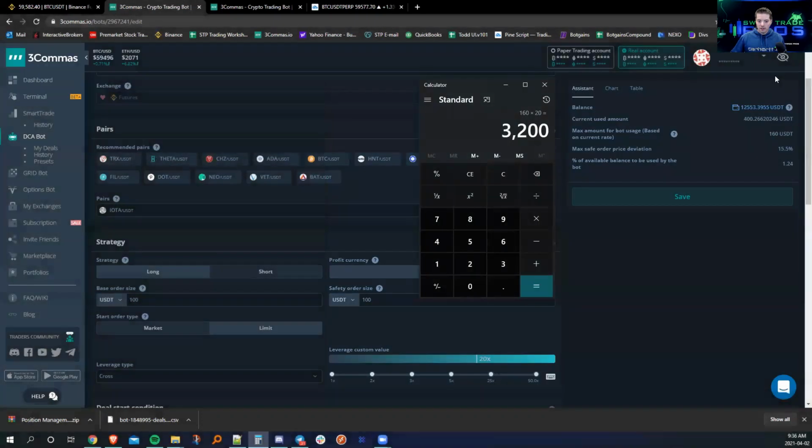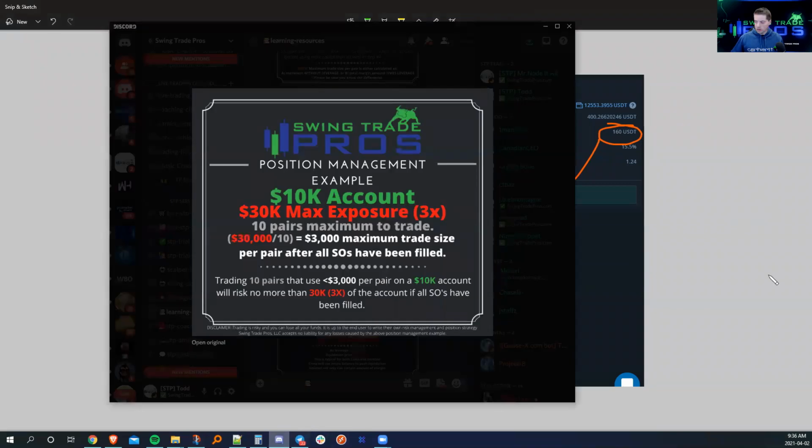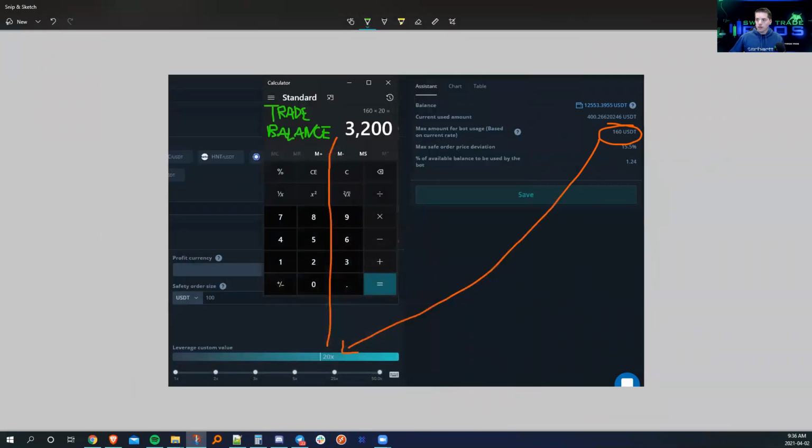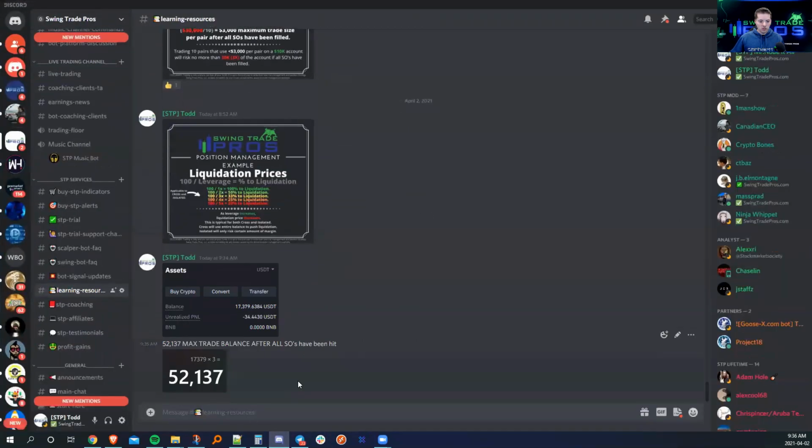So we're going to take this, which is your 160 times 20, which equals trade balance. I know I probably should have done this earlier, but it is what it is. Let's just push this out. So come on back to Discord. We are going to post this right here.